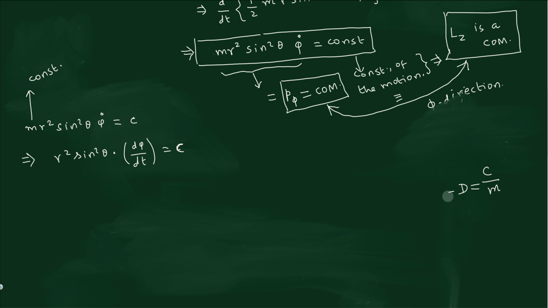Why do you want another constant? I will maintain the same symbol c. It is only maintaining the symbol, not the exact identical numerical value. Its numerical value will change if you divide by the mass, that's fine, but ultimately this remains a constant.